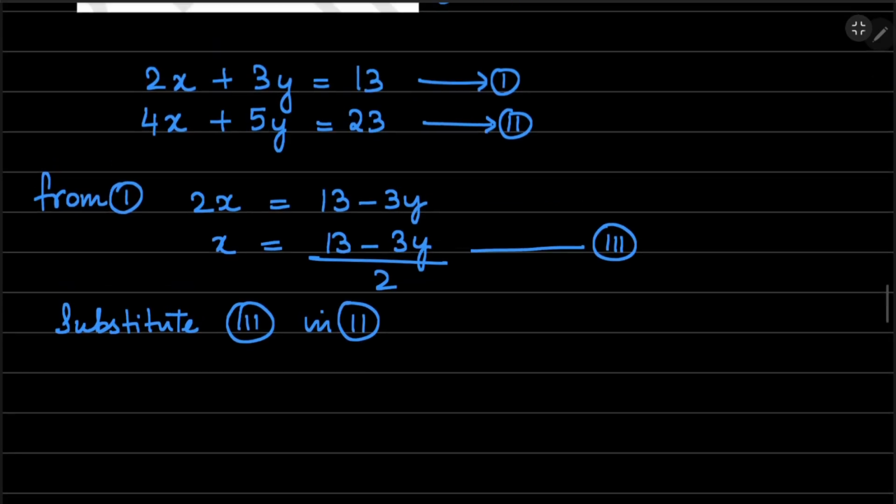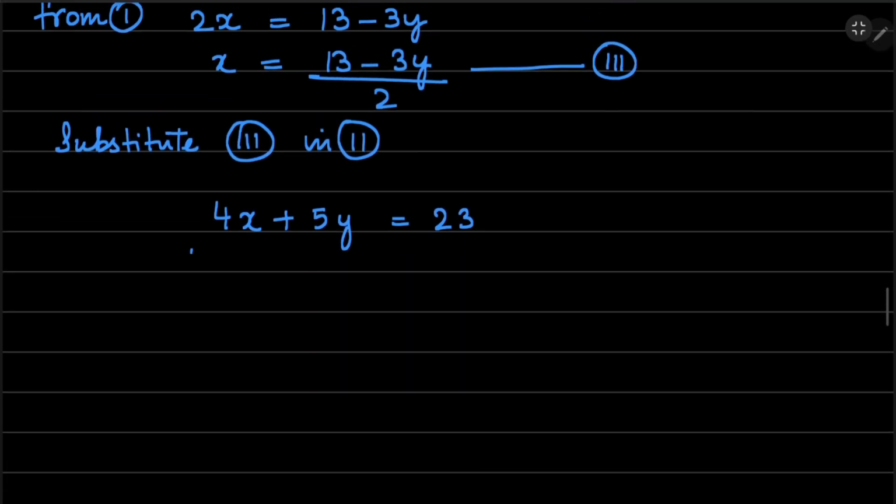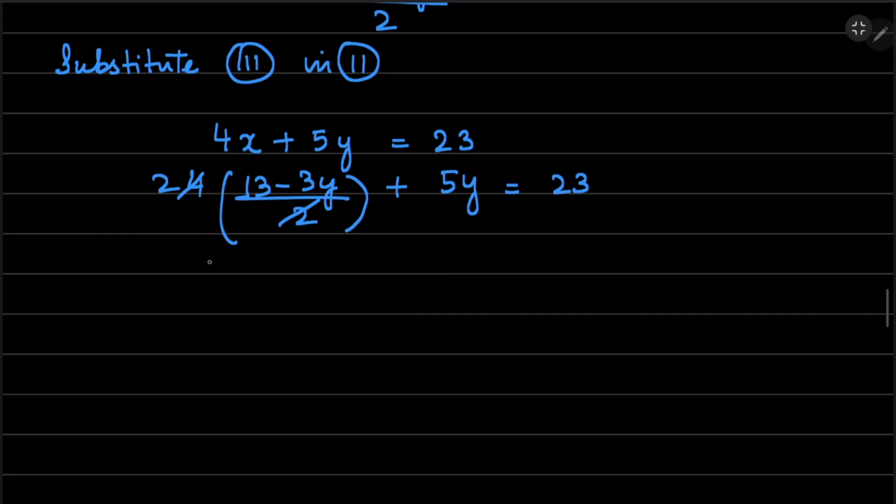So what is your equation 2 here? 4x plus 5y is equal to 23. In place of x, we are going to write 13 minus 3y whole divided by 2, plus 5y equal to 23. So you can cancel, 2 2s are 4. So what you have here is 2 multiplied by 13 minus 3y plus 5y is equal to 23.